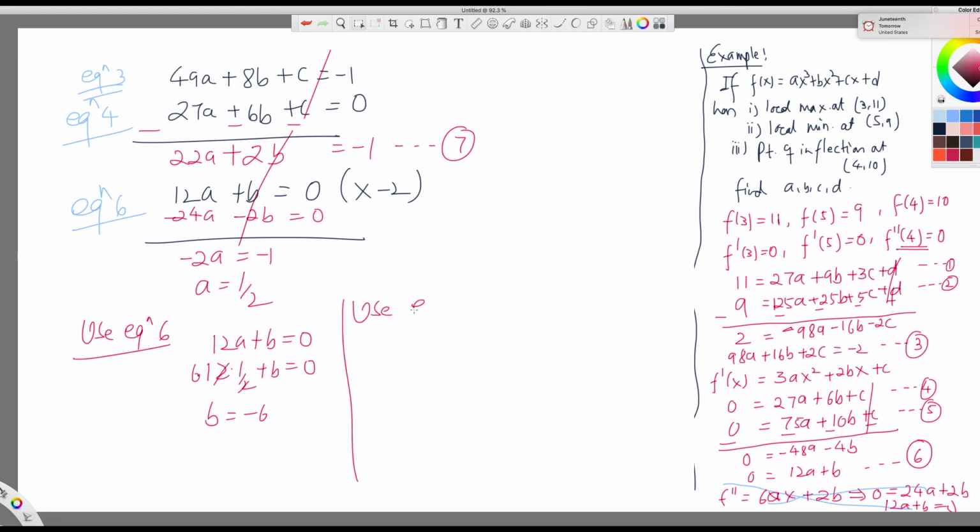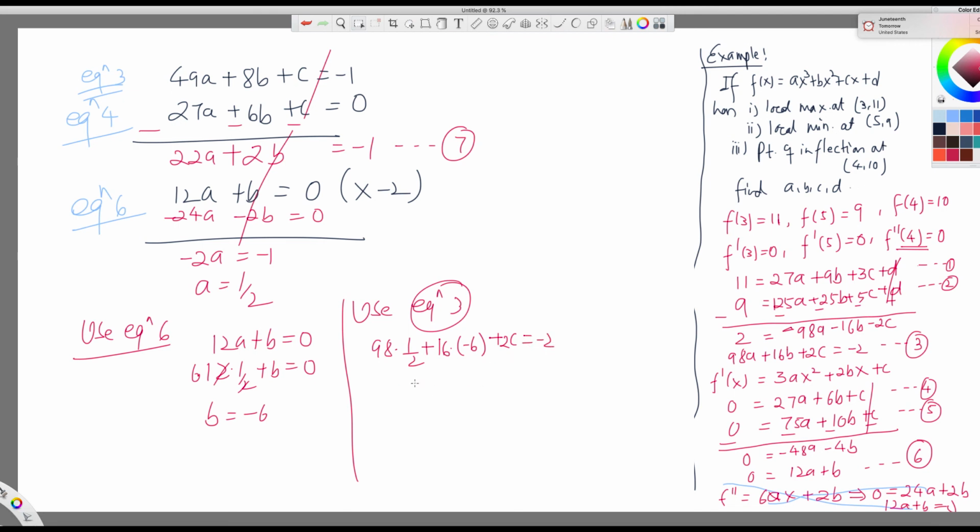Use equation 3. What do you get? In equation 3 you got 98 times a, which is 1/2, plus 16 times b, which is negative 6, and then plus twice c equals negative 2.